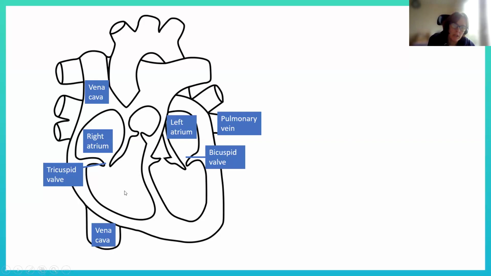They stop the blood going back from these chambers into the atria, because that heart is going to pump, and we want the blood to not go back where it came from. We want it to go out through these arteries, and then out up through this artery, which comes around there and there.